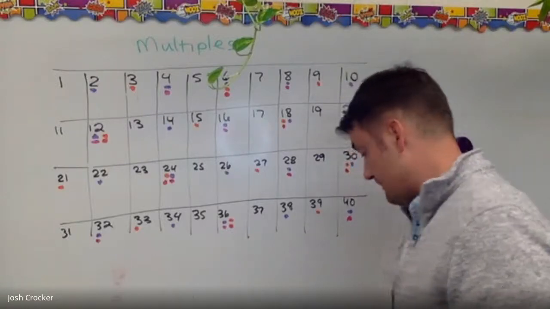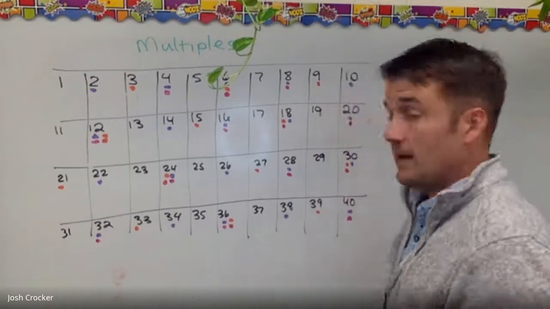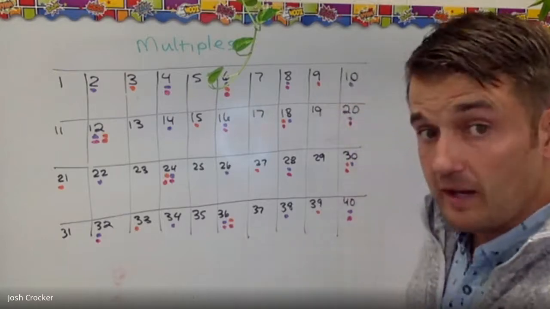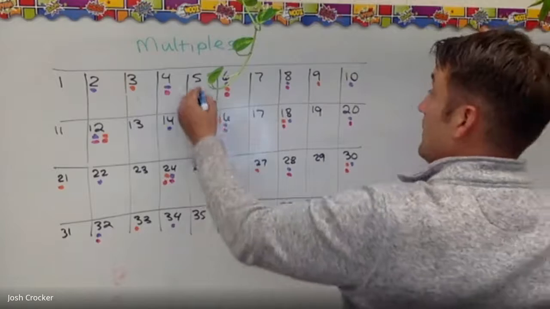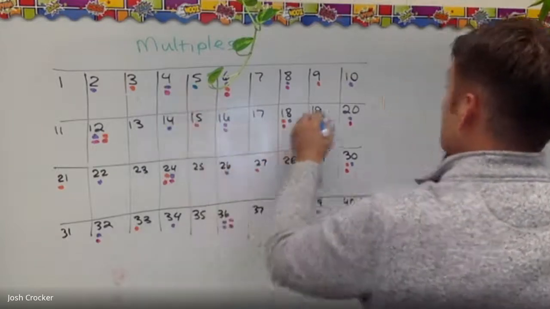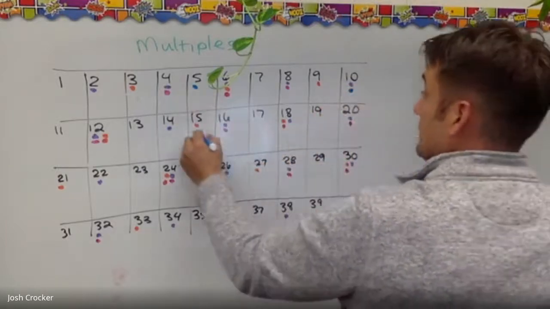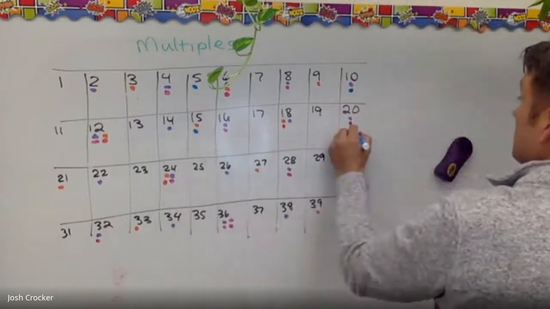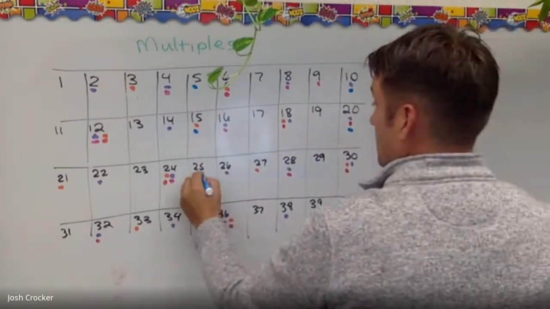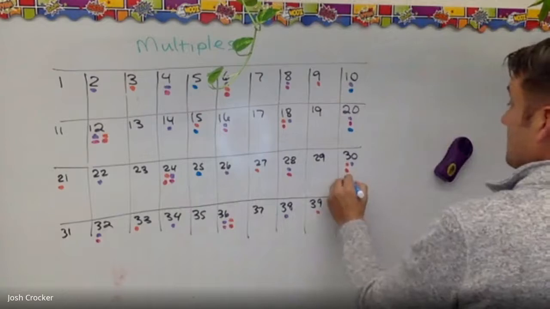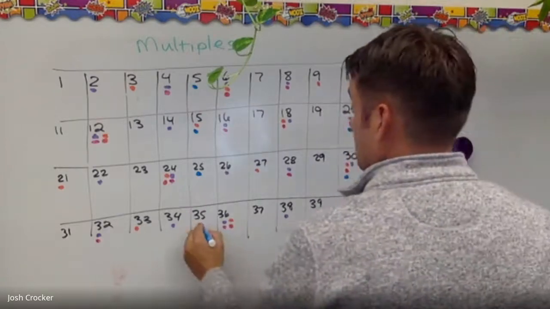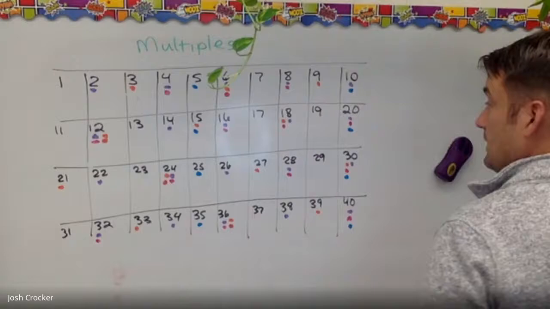Let's do 5s. So 5s are pretty easy, right? Multiples of 5 now. 5, 10, 15, 20, 25, 30, 35, 40. Okay?